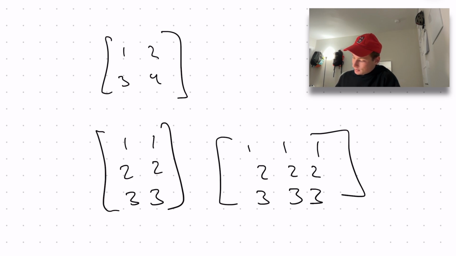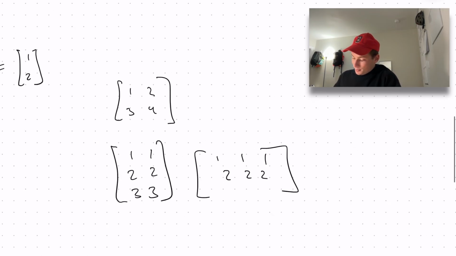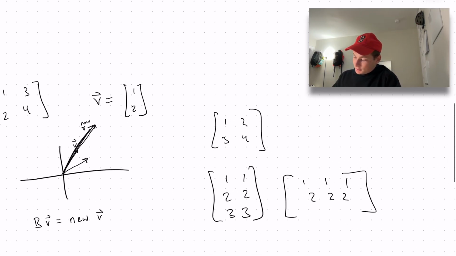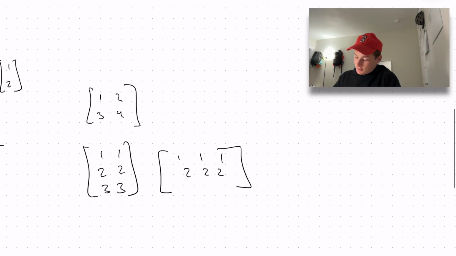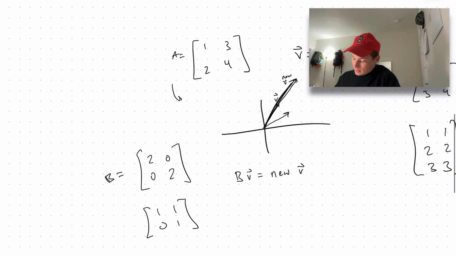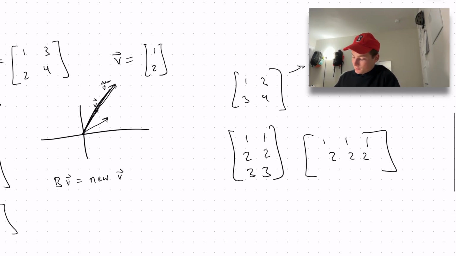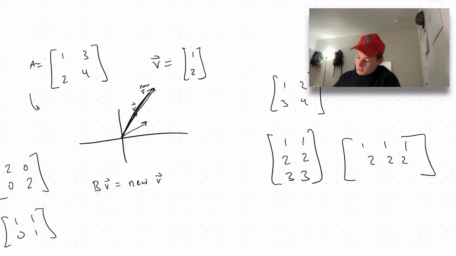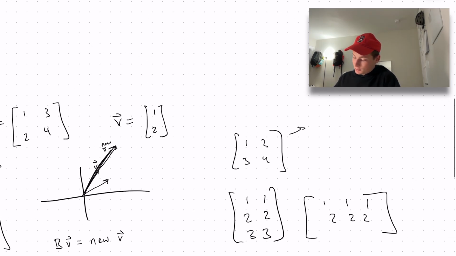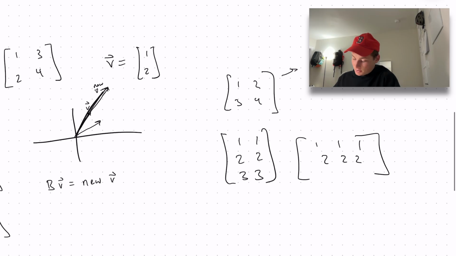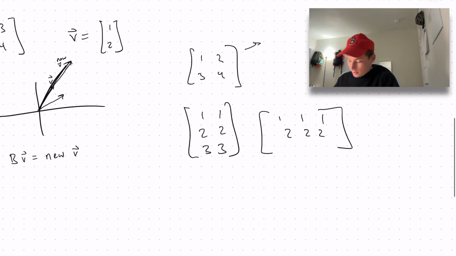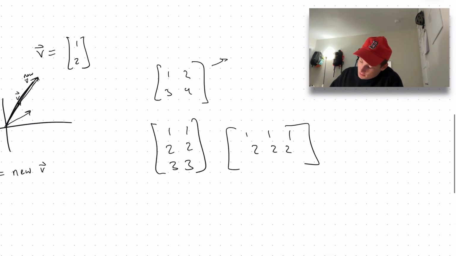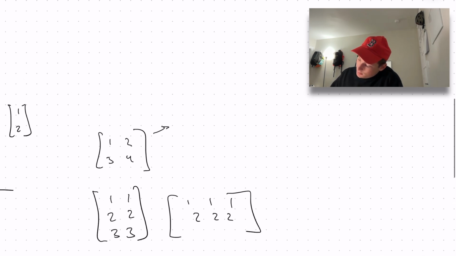Okay, cool. So this type of matrix, this square matrix, in a lot of scenarios will just move the vector. But the point of linear algebra is that you're always talking about not just 2 dimensions, but many, many dimensions. So we're going to talk about the idea of the rank of a matrix.